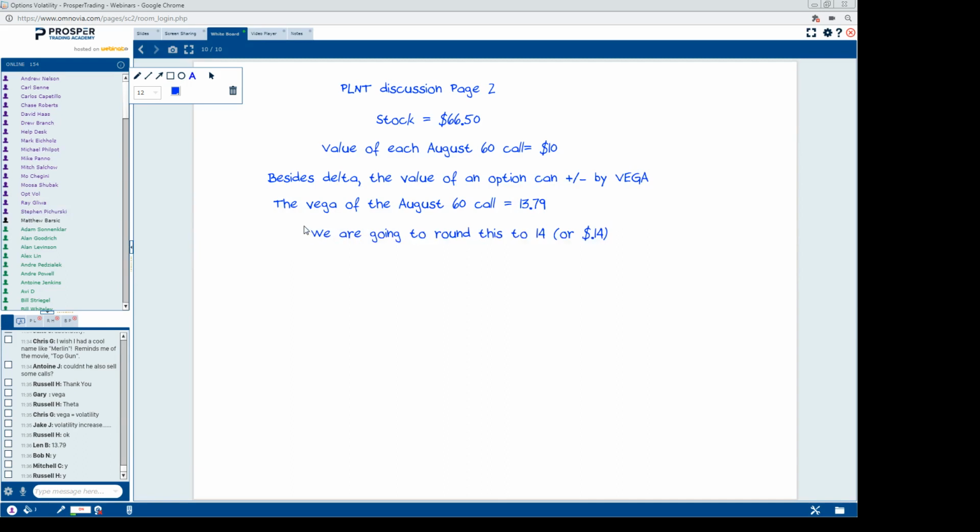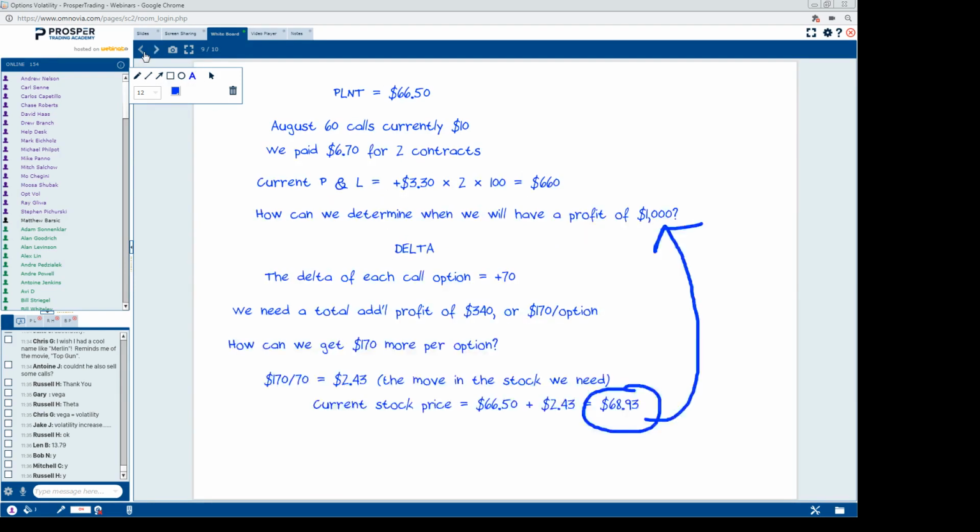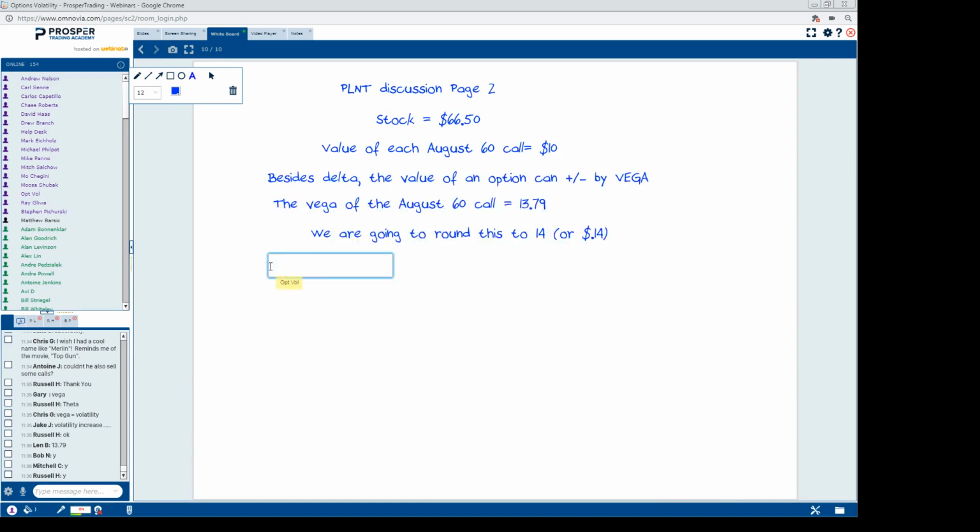Now, maybe the stock doesn't move, but for some reason volatility explodes. So remember, our current P&L for two options is $660.